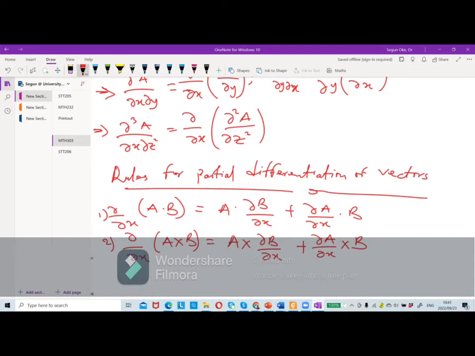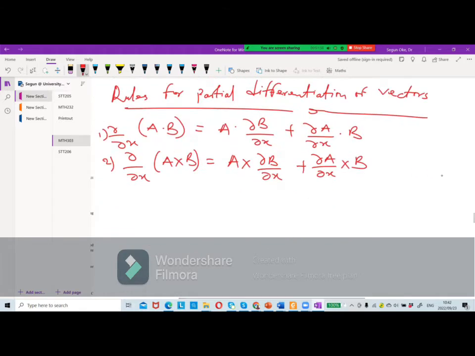So now that we have this, let me give this particular one before we look at some examples. Let's look at number 3.